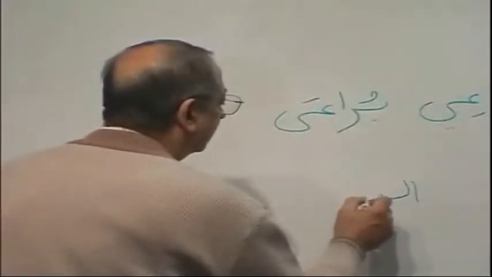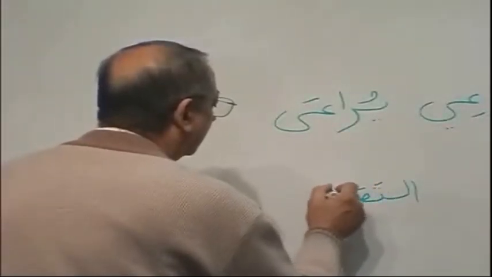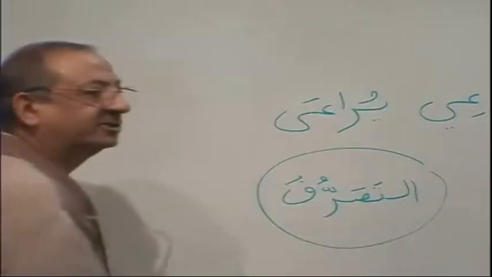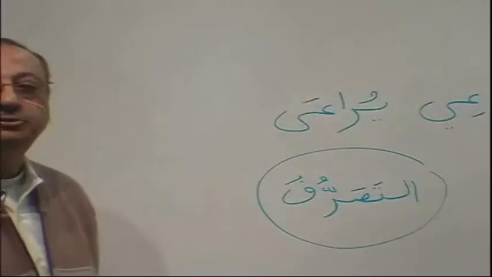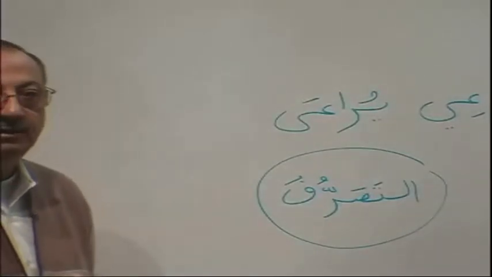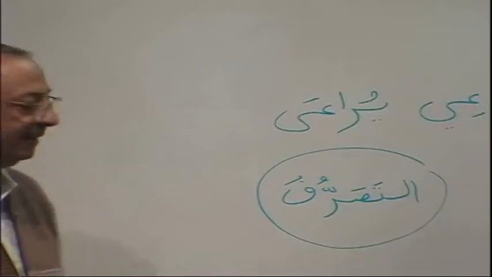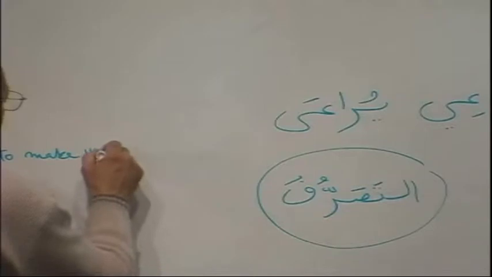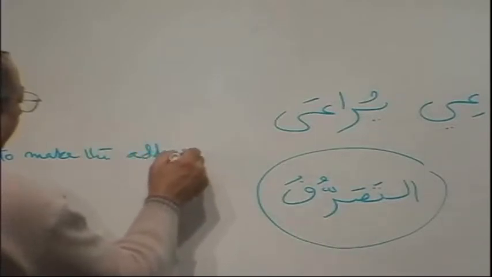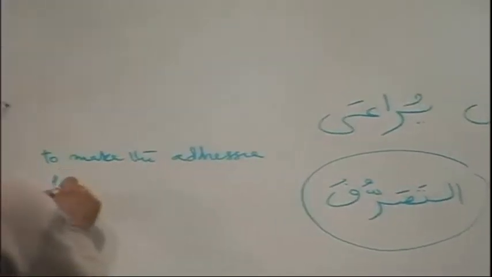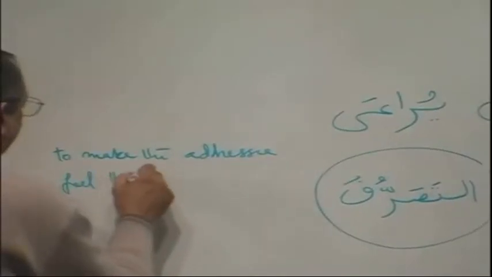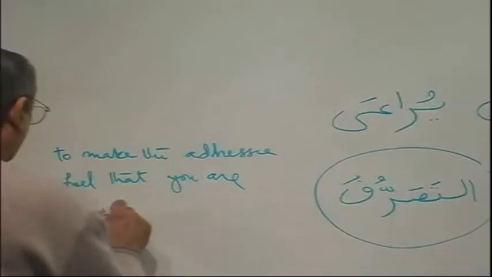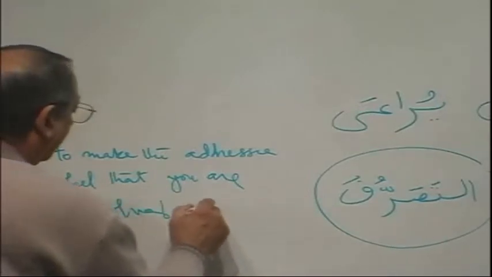This tasarrufu, which is, brothers and sisters, the using of damir with zalika and tilka to make the addressee feel that you are involved in the dialogue.